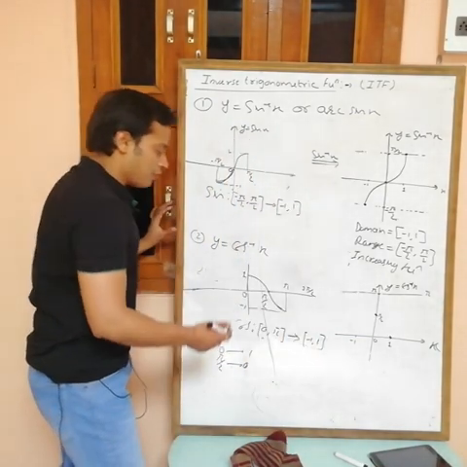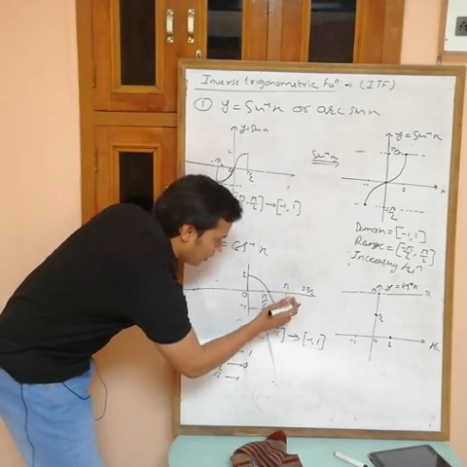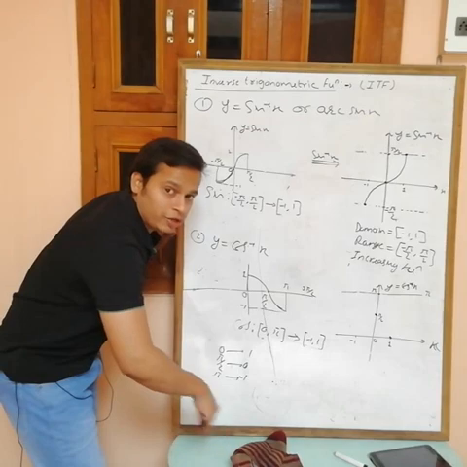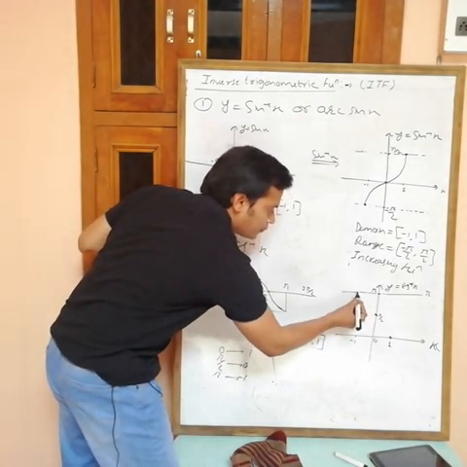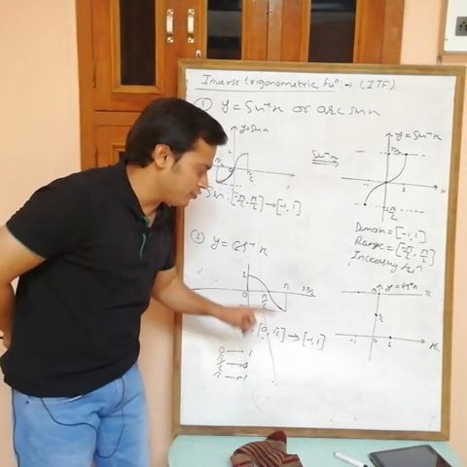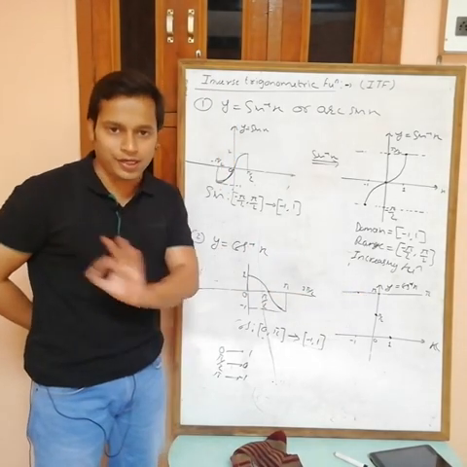After that, cos pi equals -1, obviously. Then the value of cos inverse at -1 is pi, because cos pi equals -1. Okay, it is clear?